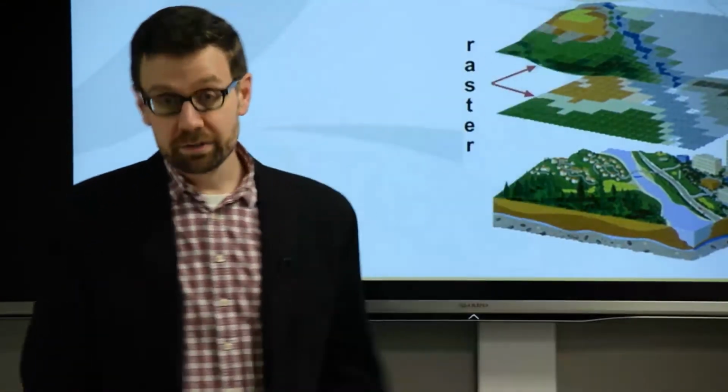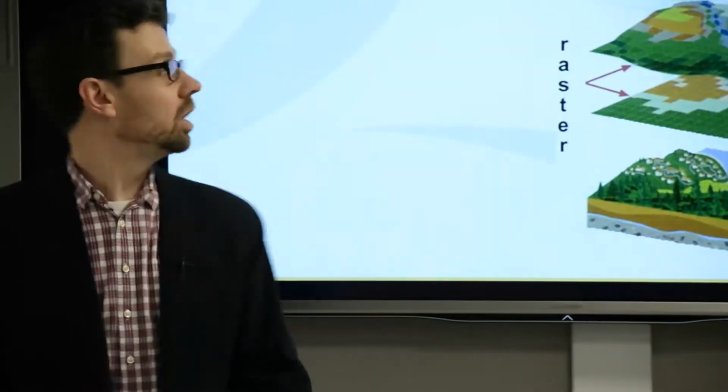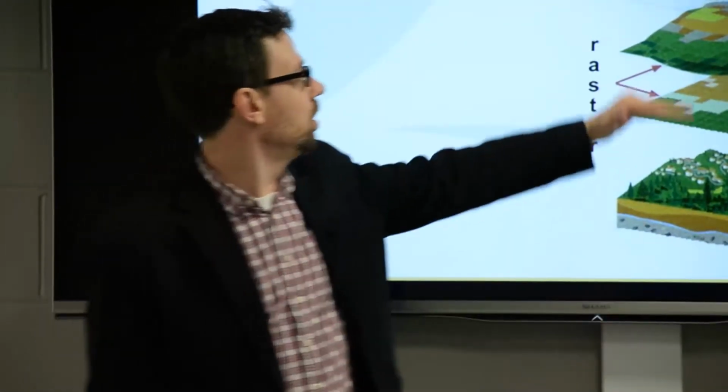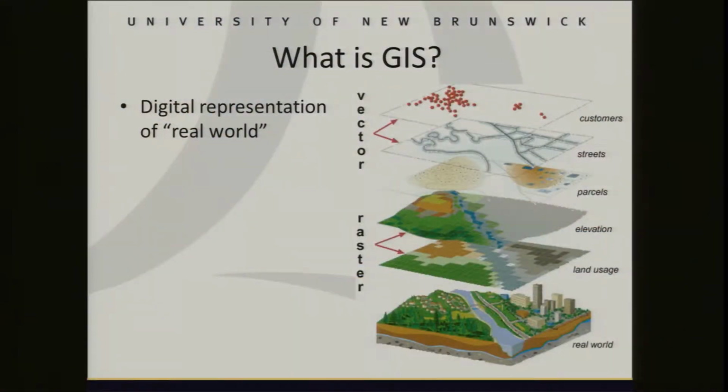There's streets, and there's customers or events or individuals that are on there as well, or those could be building points and things like that. So all of these different layers exist within a digital representation of the real world. And each one of these things is represented in a different manner and is treated differently when we go to analyze them spatially and to map them.